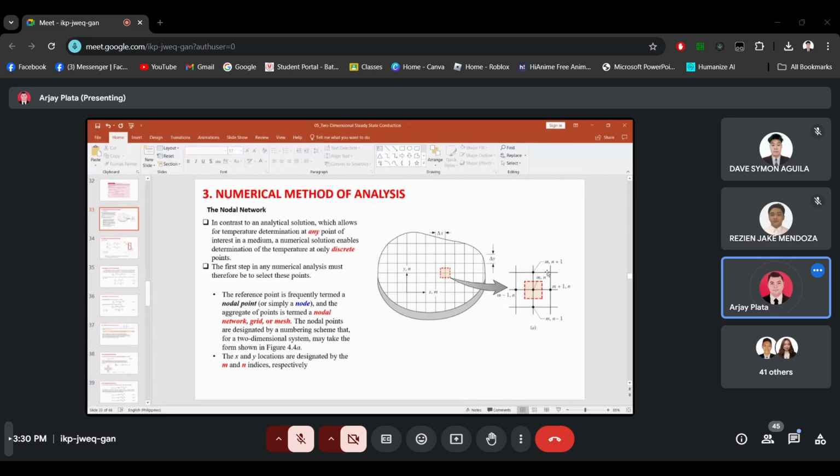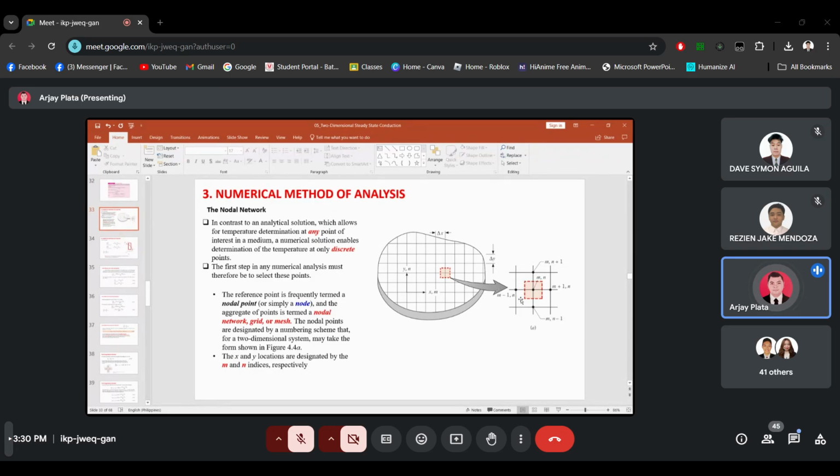If we have mn here, the value of each delta x and delta y is 1. Above it, it should be m, n plus 1. Below, m, n minus 1.